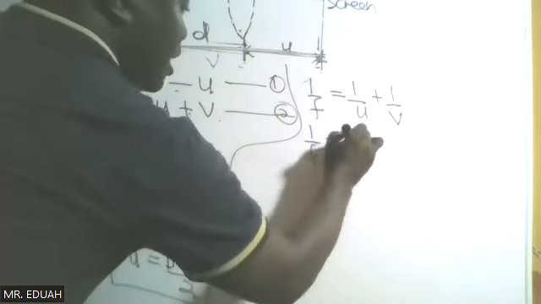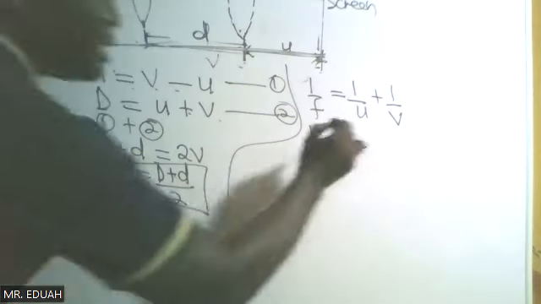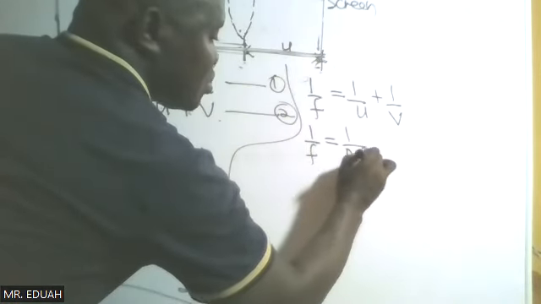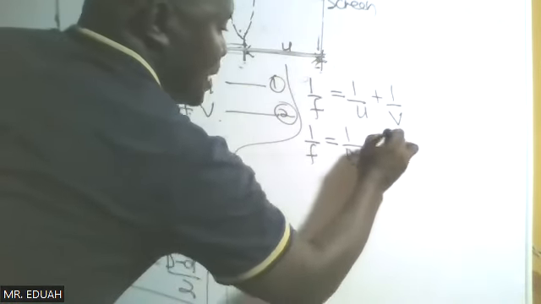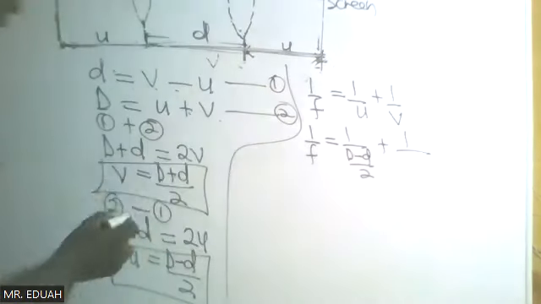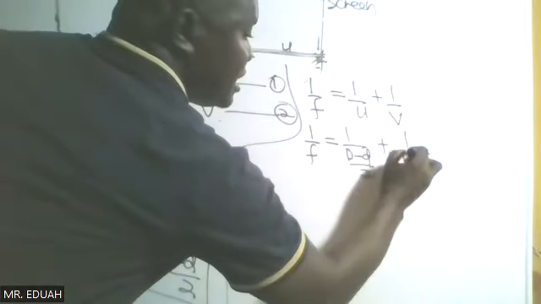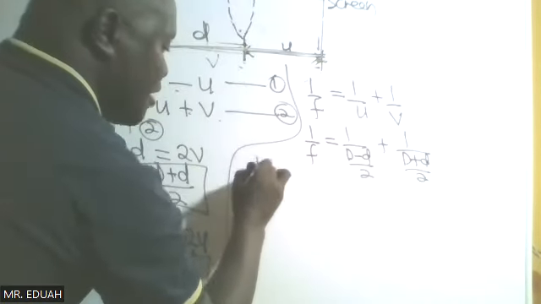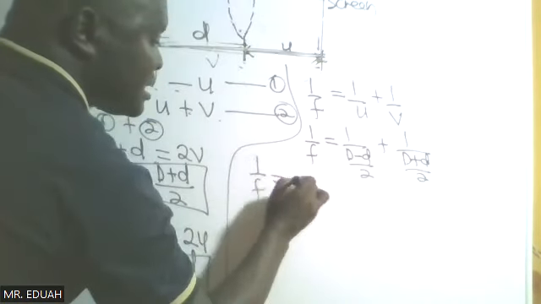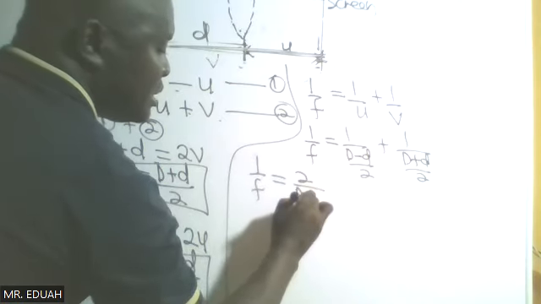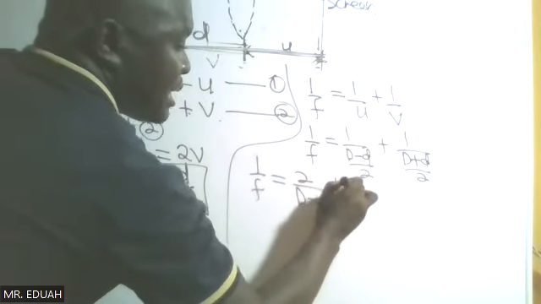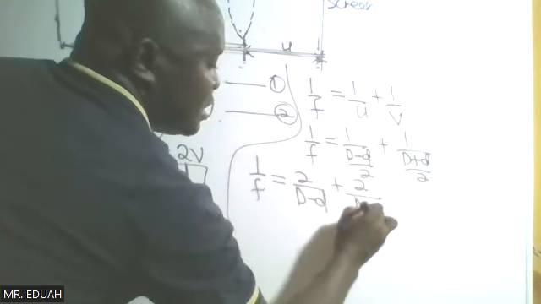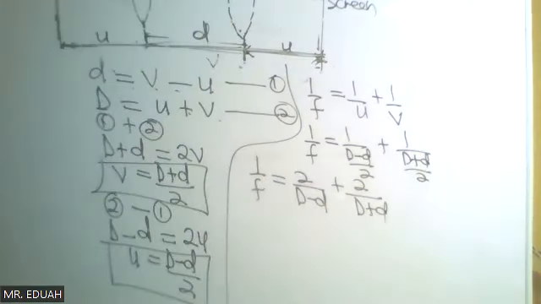So 1 on U is D minus small d on 2, plus 1 on V, where V is D plus small d on 2. So we have 1 on F giving us 2 on D minus small d plus 2 on D plus small d.